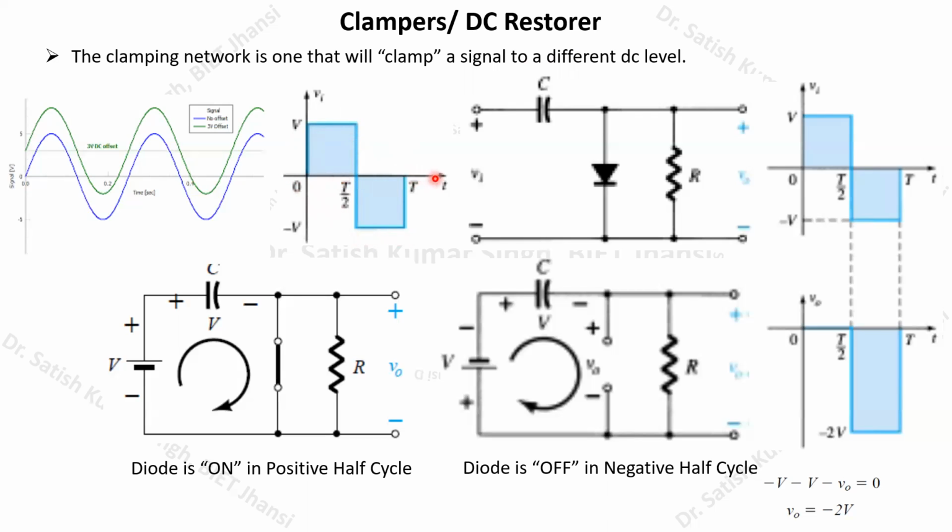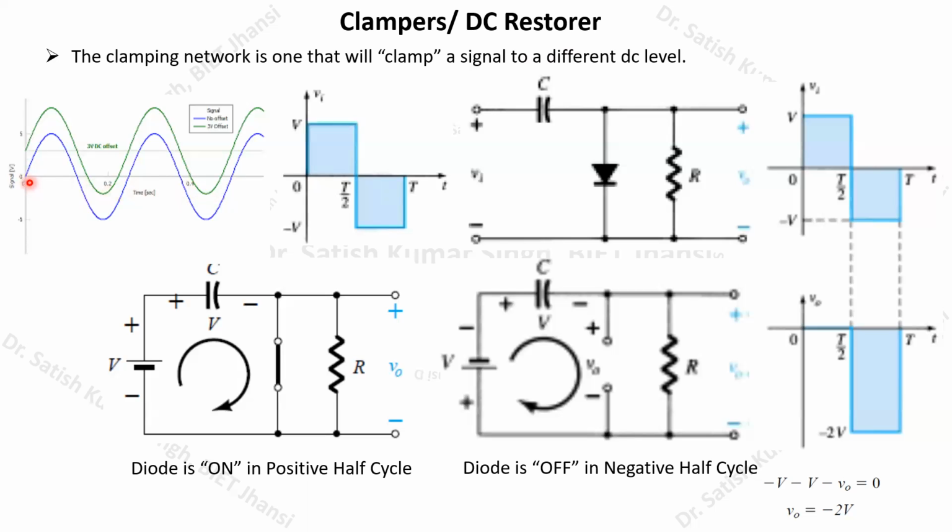Similarly, you can also consider a sinusoidal wave. First consider this blue sinusoidal curve. Let us suppose we have a pure sinusoidal curve without any DC component. In that case, this sinusoidal curve makes a symmetrical excursion around this 0 volt axis.